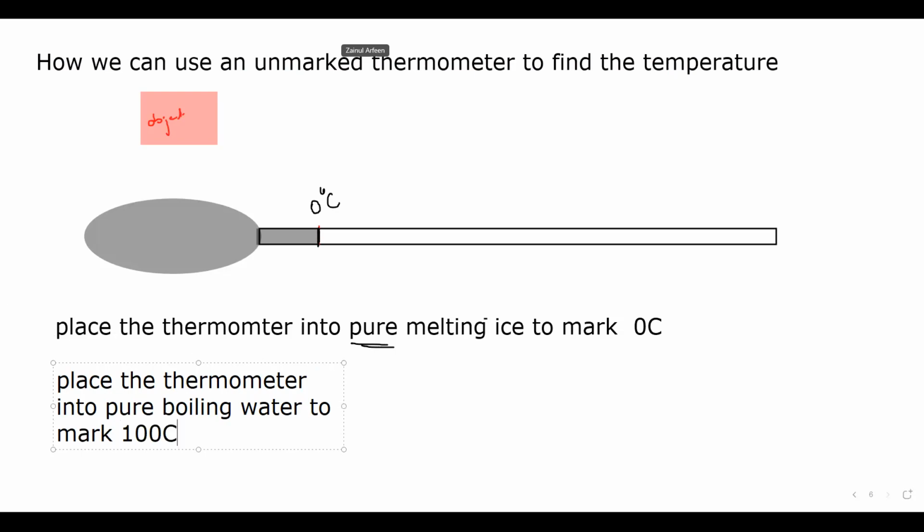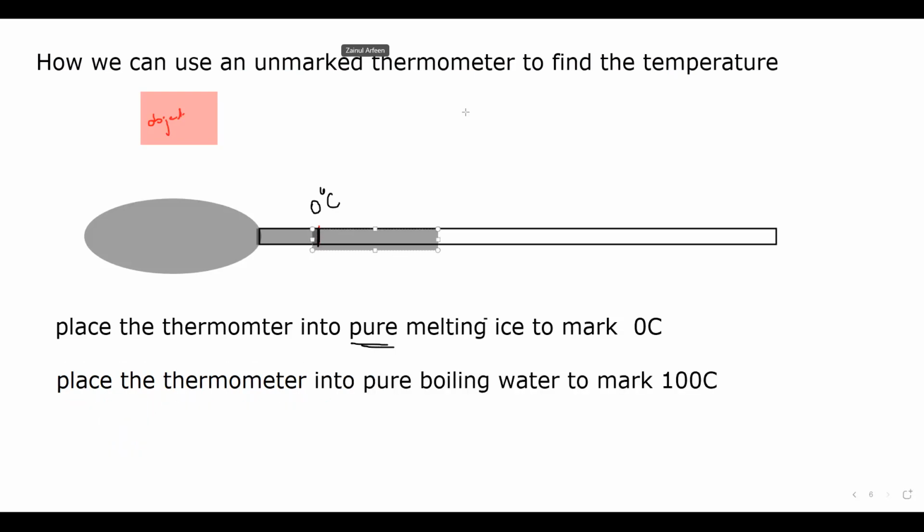When we place it in pure boiling water, the level of the liquid will expand more, and the last point where it stops expanding means that point is 100 degrees centigrade. So now we have the marking on 0, and we have 100.